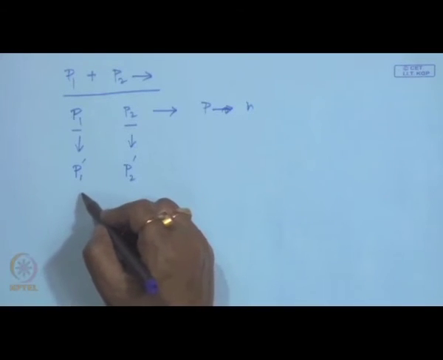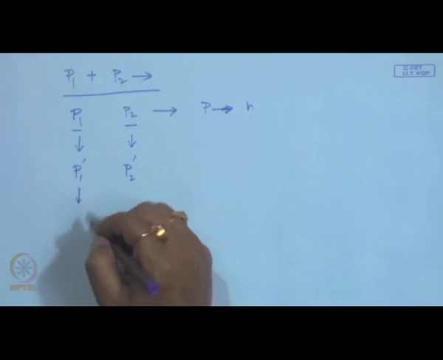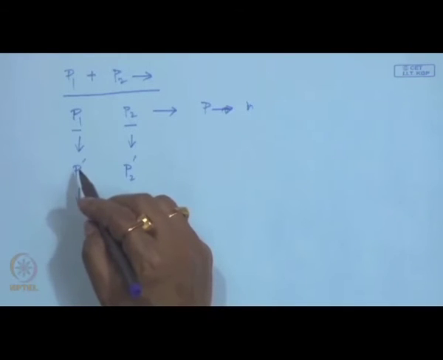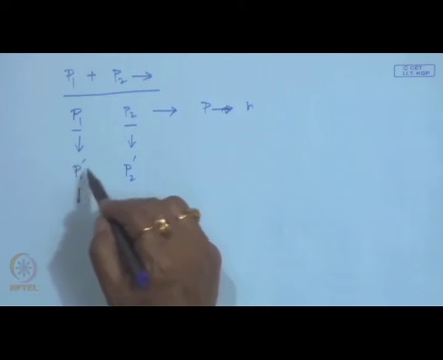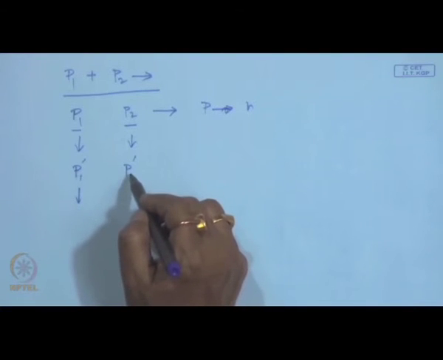For example, we can halogenate polymer P1. That means halogen atoms can be added to polymer P1, so that it becomes P1 prime, a halogenated polymer.